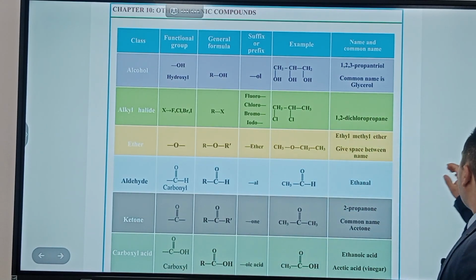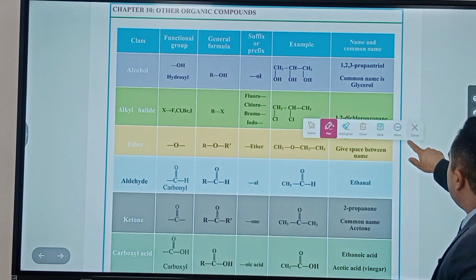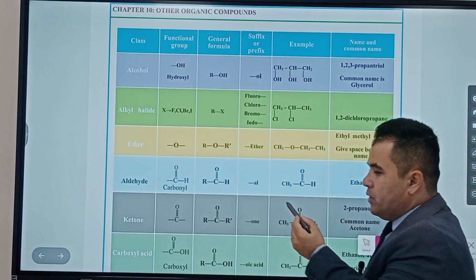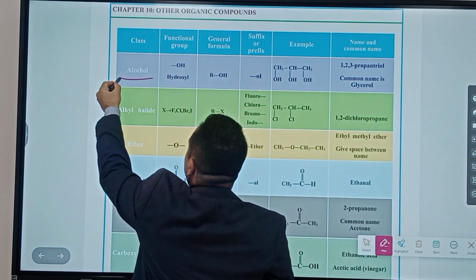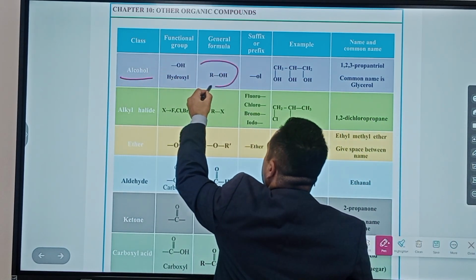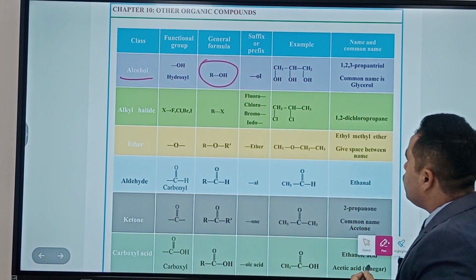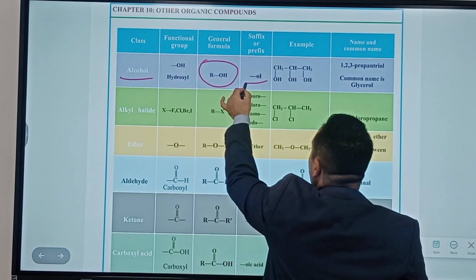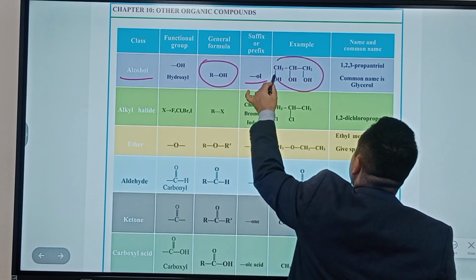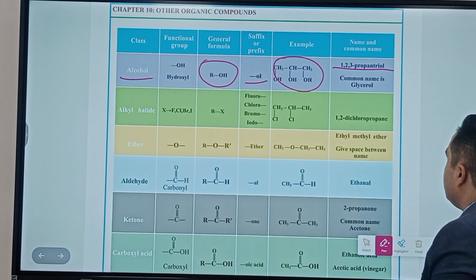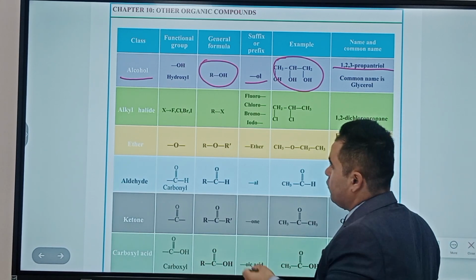Here we have a table. The table is a summary for those groups of organic compounds that we studied. As you can see, alcohols have the general formula ROH. Any compound containing OH is an alcohol, and the name takes the suffix -ol. Here we have an example, 1,2,3-propanetriol, which is glycerol.